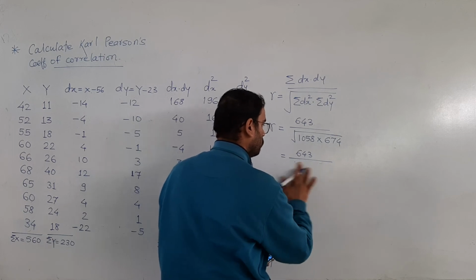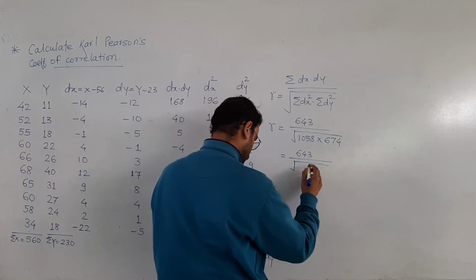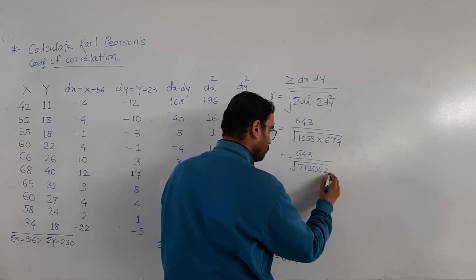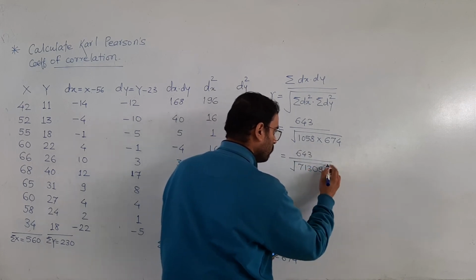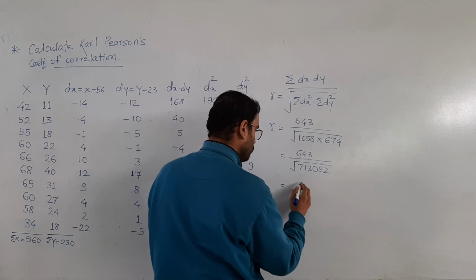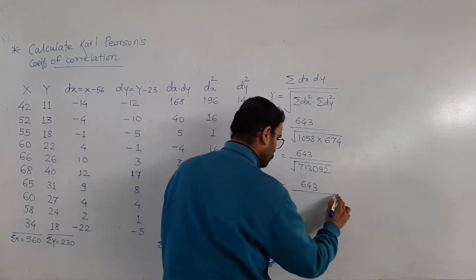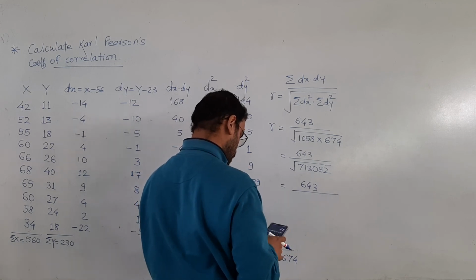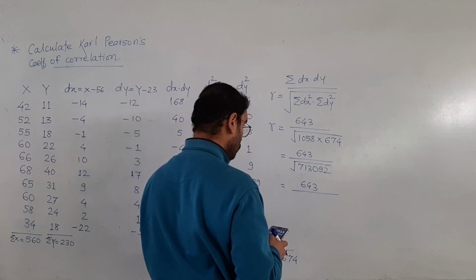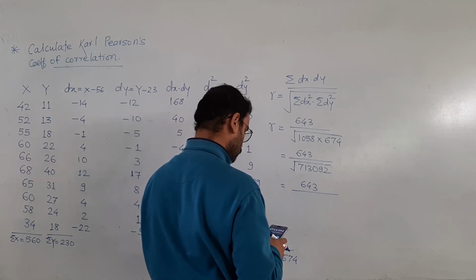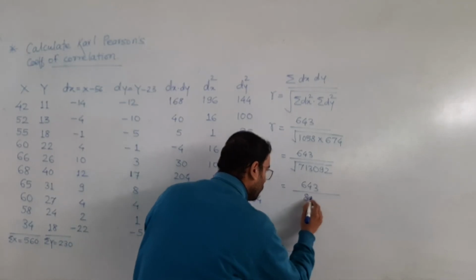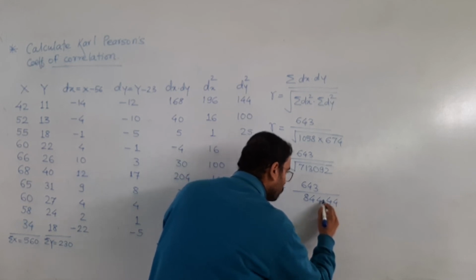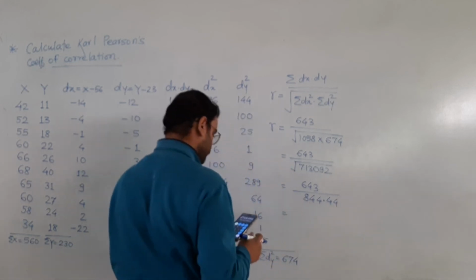I will write down the multiplication of it. 713,092. That is the multiplication. Okay. Now we will solve it. 643 divided by the under root of 713,092, so that will be 844.44.